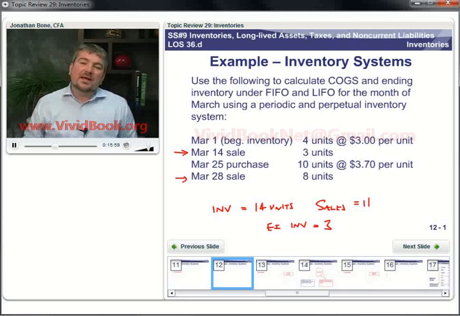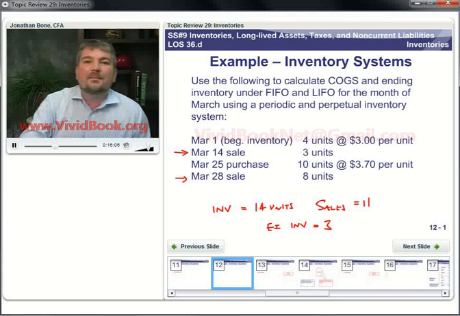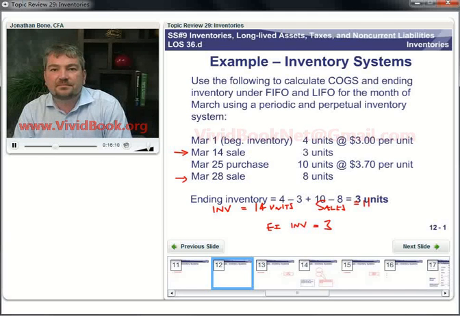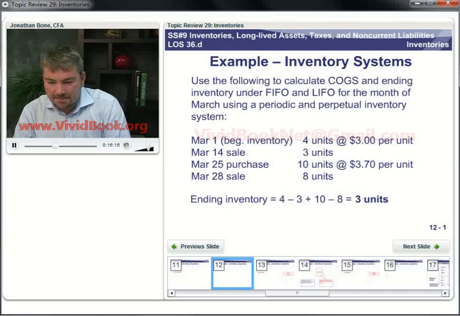Okay, now what we're going to do is look at the perpetual system and the periodic system. Let's kick off with our periodic system. Let me just get rid of that. Okay, so we're going to start off with our periodic system. And you can see our ending inventory equals 3 units. So here we go, periodic.